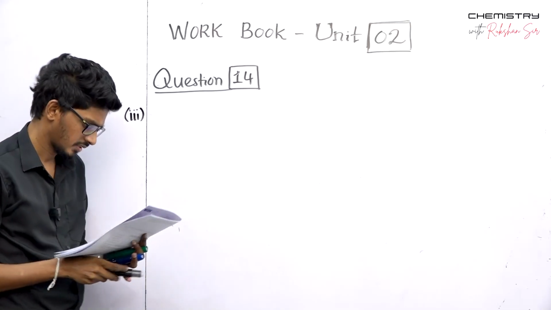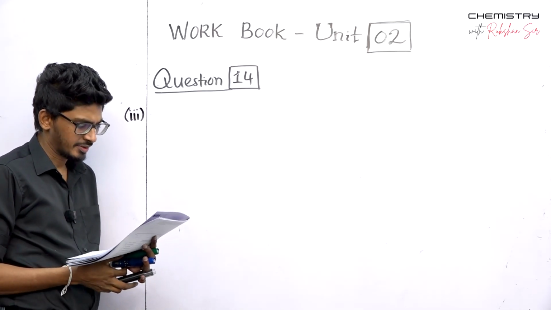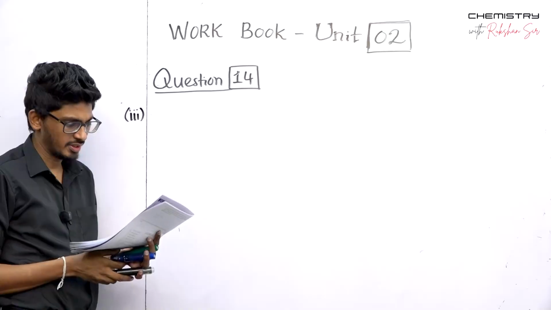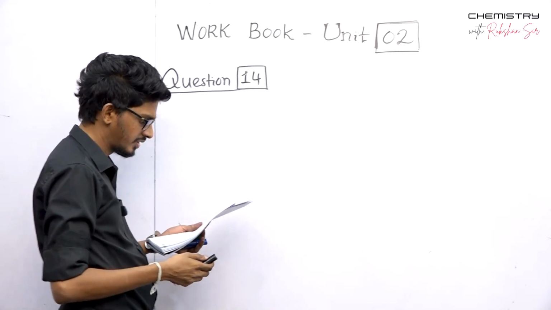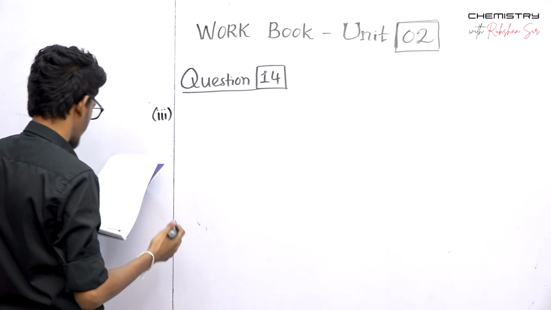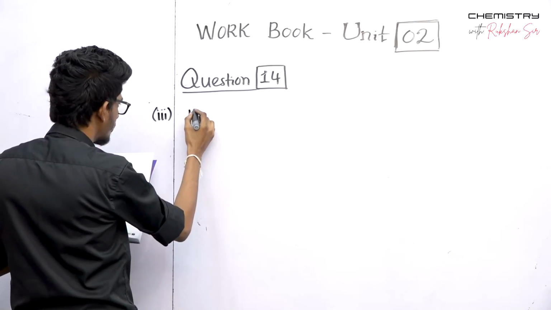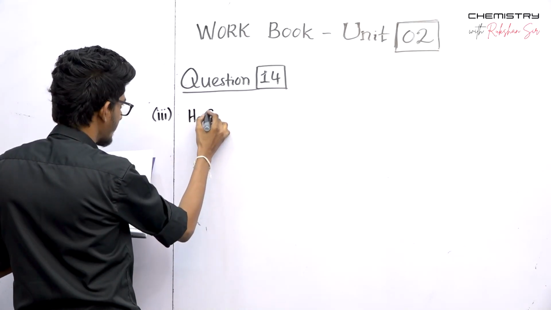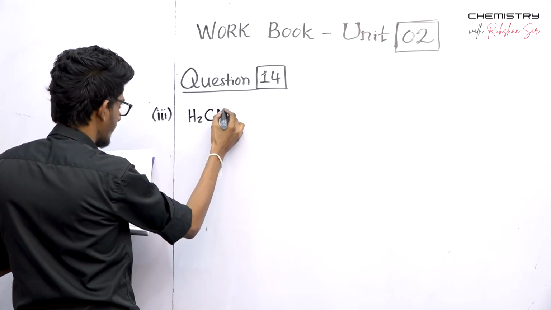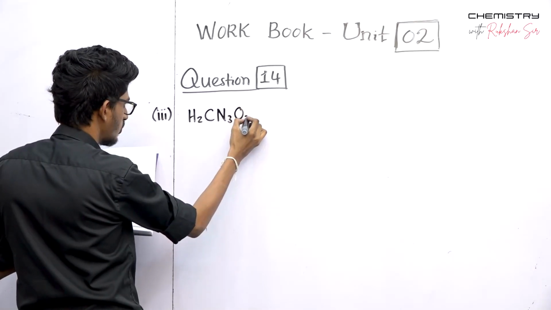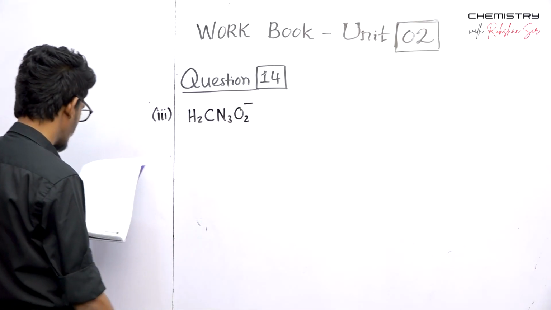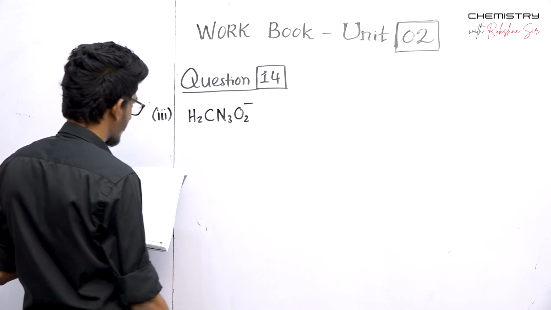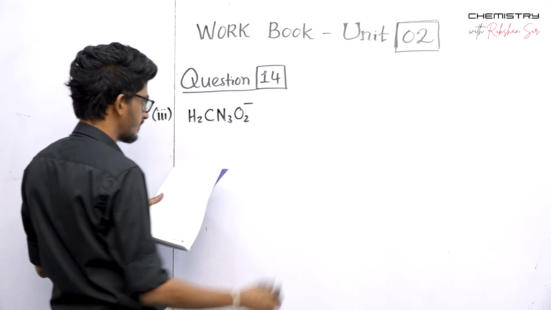See, the Lewis structure for the H2CN3O2 minus ion is given below. So the structure given there is this.